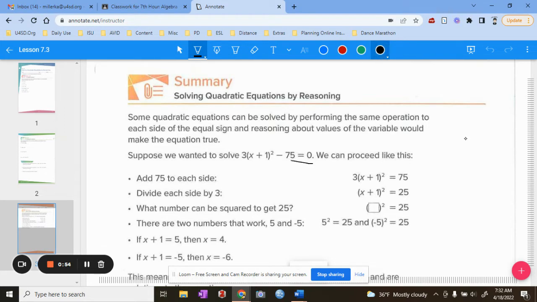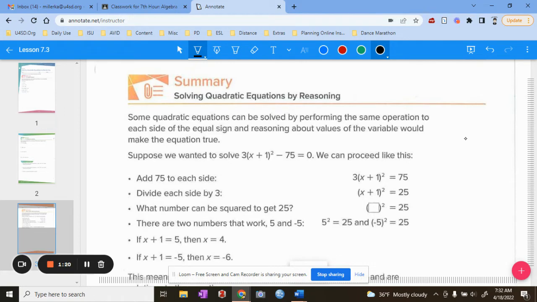We have 3 times the quantity x plus 1 squared minus 75 equals 0. You may recognize this if I were to change this to a y, that this is in vertex form. So when our equation is in vertex form, we do have an option for isolating the variable.